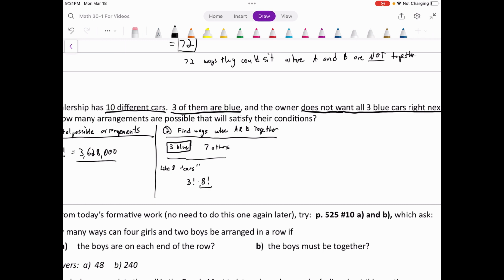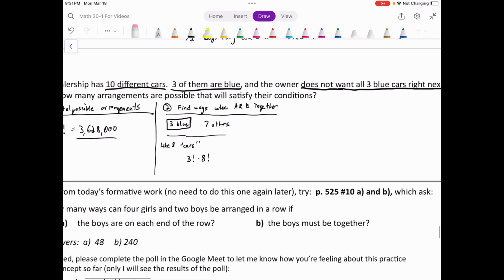This is how many ways there are to arrange our 8 objects. Okay, but then this is how many ways there are to arrange the blue cars within that. So for every single one of those 8 factorial arrangements, we could have done up to 6 different arrangements of the blue cars. 3 factorial is 6.